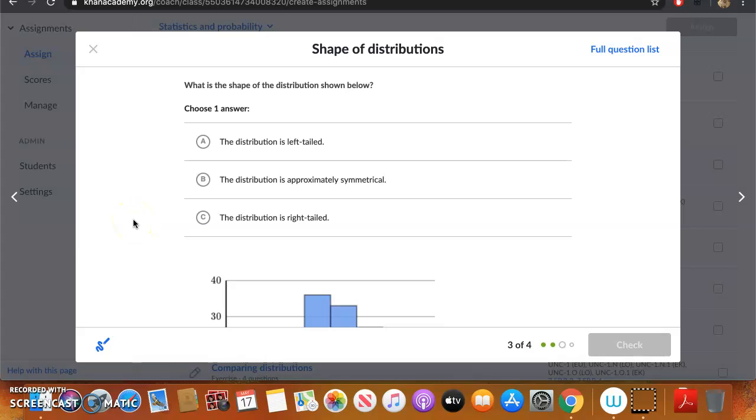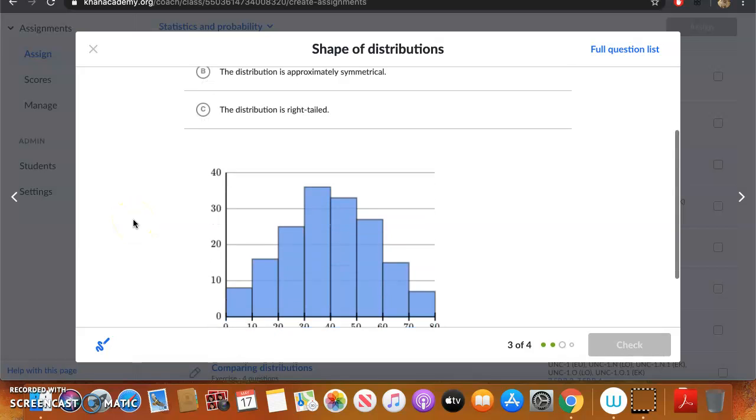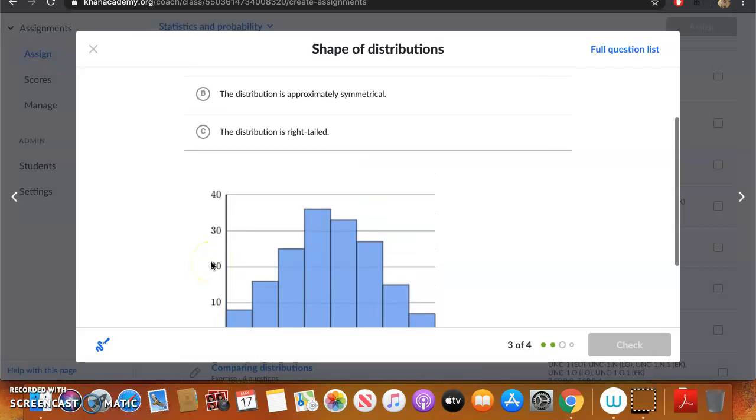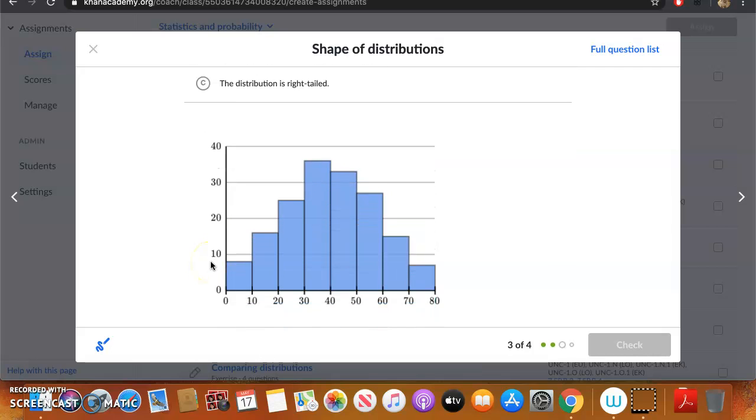What is the shape of the distribution shown below? So here we have the distribution, right? We have all the bins, and you can see that even though it's not perfectly symmetric, if you were to fit a curve through the middle of each of these bins, it would look pretty symmetric, right? So here, even though, like I said, it's not perfect, it's not pushed to the left or the right.